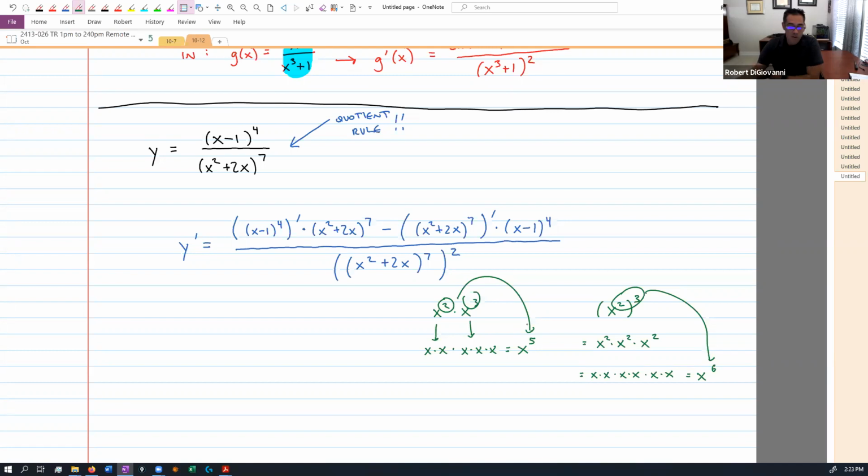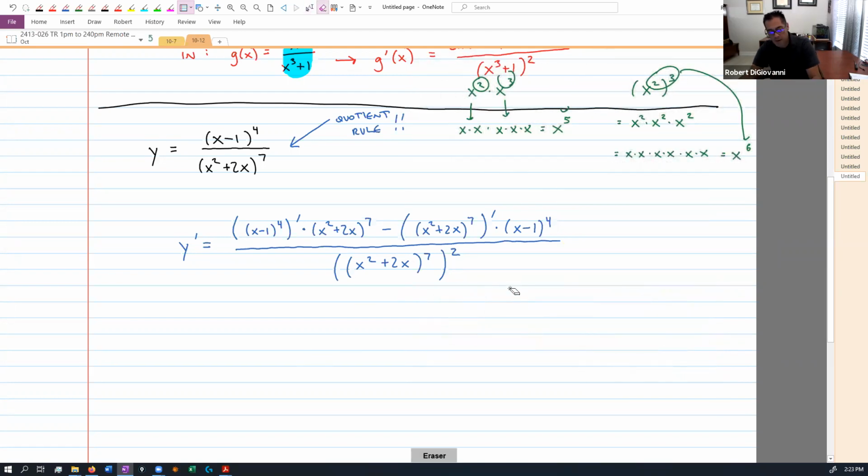All right, so let's talk about this one, because we're not done. I'm not finished with this. You have to look at this first and realize this is a quotient rule. Ultimately, you've got a bunch of stuff on top of a bunch of stuff.